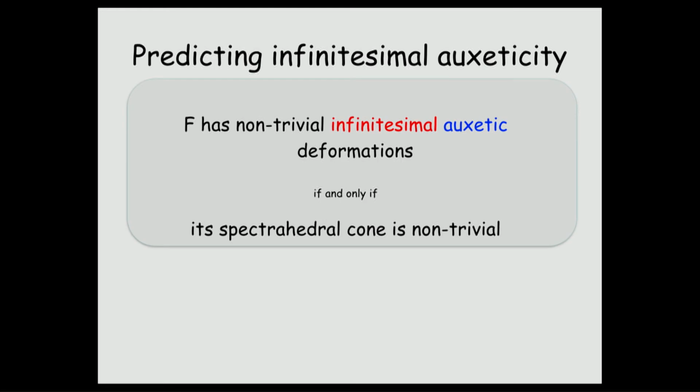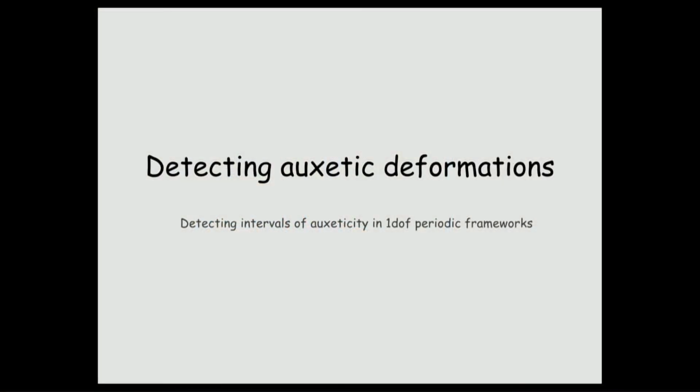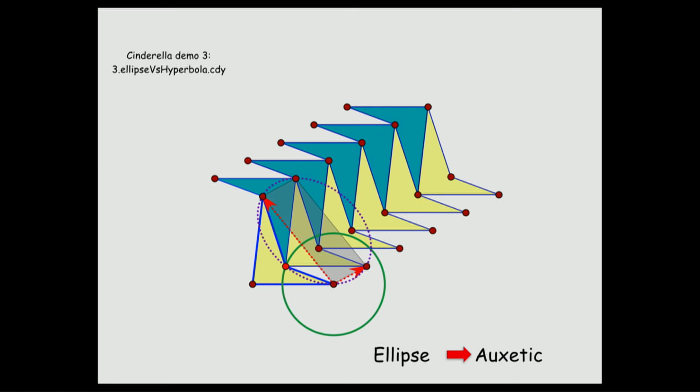And based on that, we can decide whether a framework has auxetic properties using semi-definite programming. I just wanted to mention the keywords to show that there are connections with everything that happened in this community in these 3 days. And then detecting auxetic deformations.